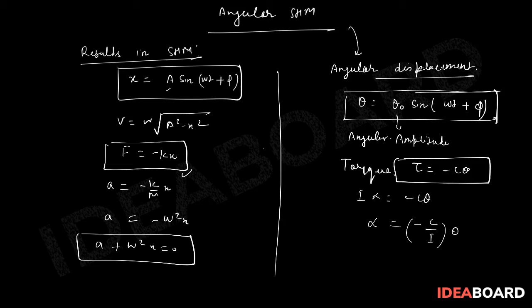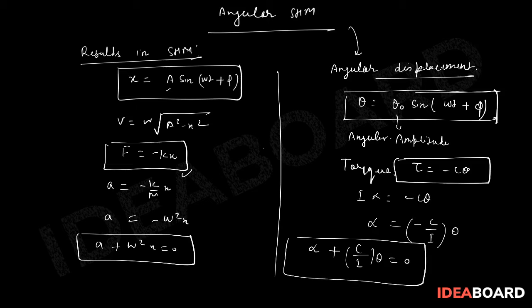You have seen this is k by m, so this is c by I. So you know that in rotation mass is not the only important parameter, here moment of inertia will become the parameter. So alpha plus c by I into theta will be given as 0. So this is the analogy of normal SHM, where in angular SHM this is angular acceleration.